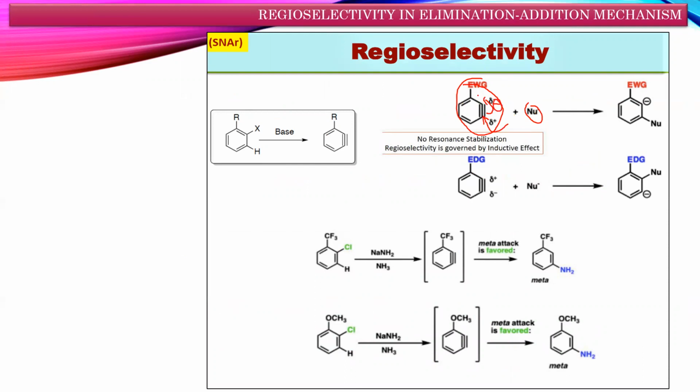If the electron withdrawing group attracts electrons from the ortho position only, then this minus charge is stabilized. So it is the major product, right?